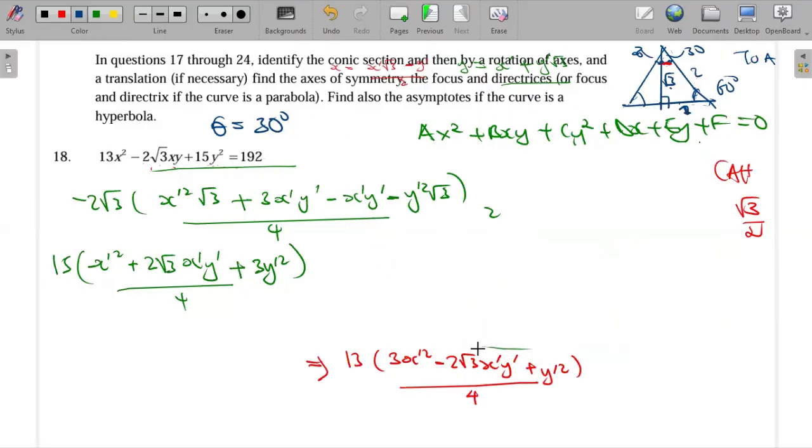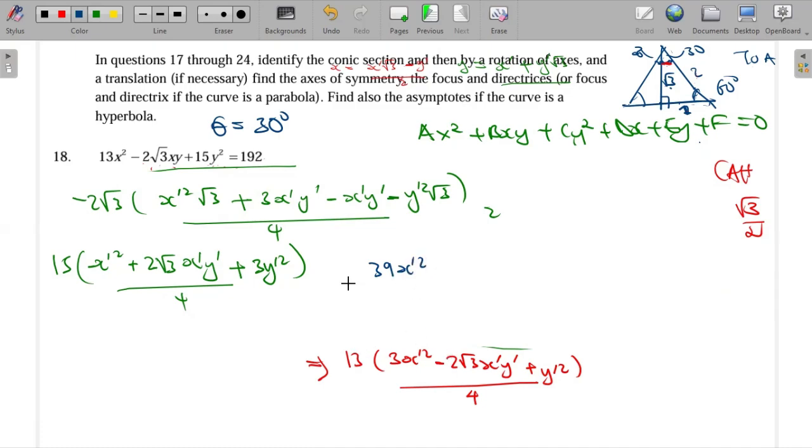So now here, we can distribute, there's a 13 here. So distribute that 13 inside for the first part. So 13 by 3 gives me 39. So this is going to be 39 x prime squared.